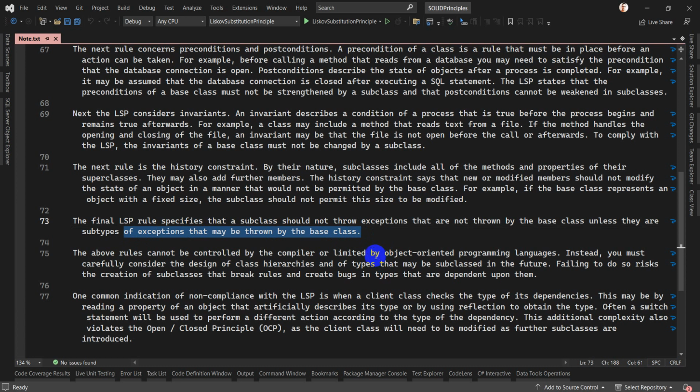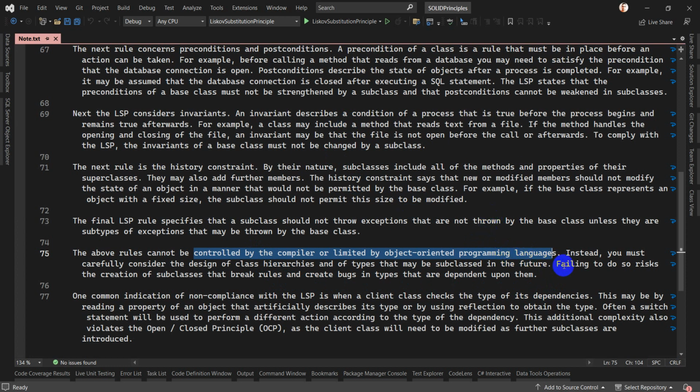Now, one important thing about these rules is that they cannot be controlled by the compiler or an object-oriented language like C#. Instead, we, as the programmers, should always consider the design of our classes and their relationships, of course I'm talking about inheritance hierarchies, so that these rules are met.